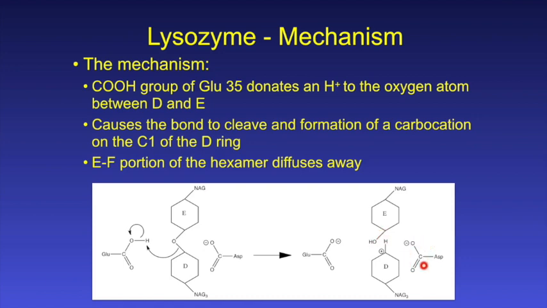And there's an aspartic acid that's negatively charged, so when this breaks, I make a carbocation. So I've got a negative charge next to a carbocation, and this glutamate now becomes negative charge, so I'm stabilizing the positive negative.